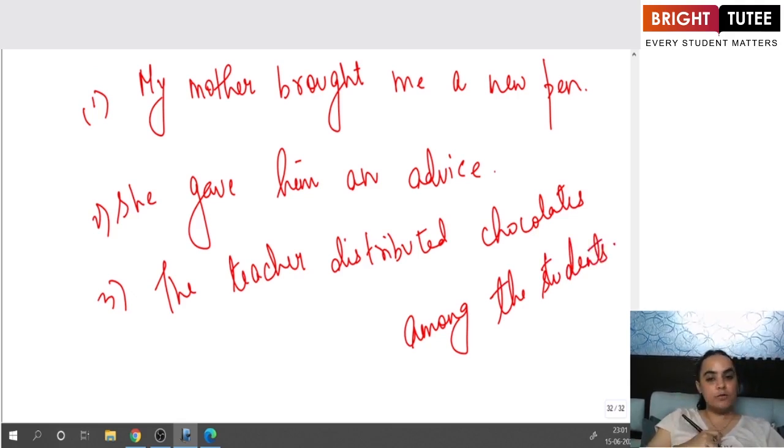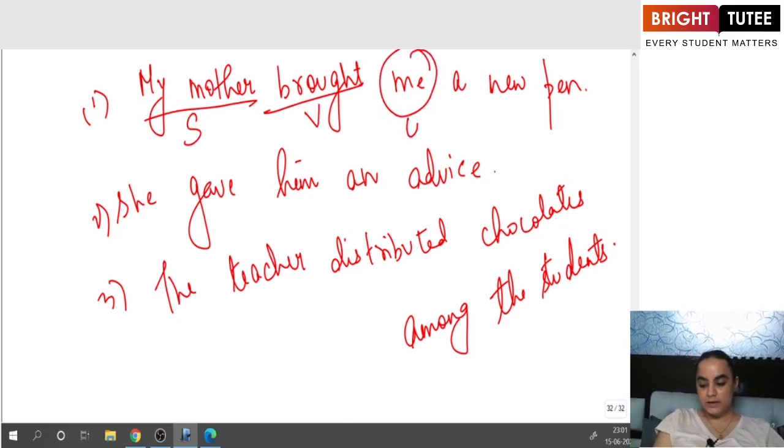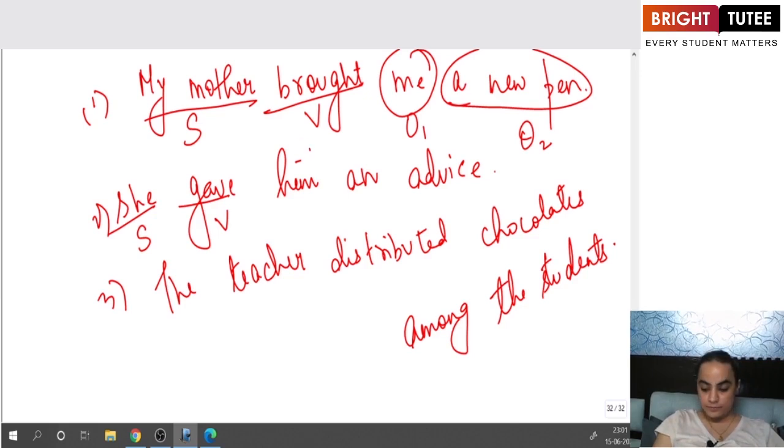As you can see in all these three sentences, I have two objects in each sentence. My mother is the subject. Brought is the verb. Two objects. Me is the first object and a new pen is the second object. She gave him an advice. She is the subject. Gave is the verb.